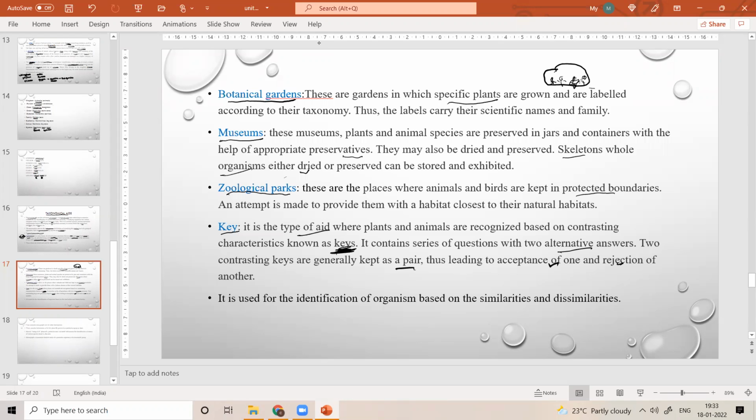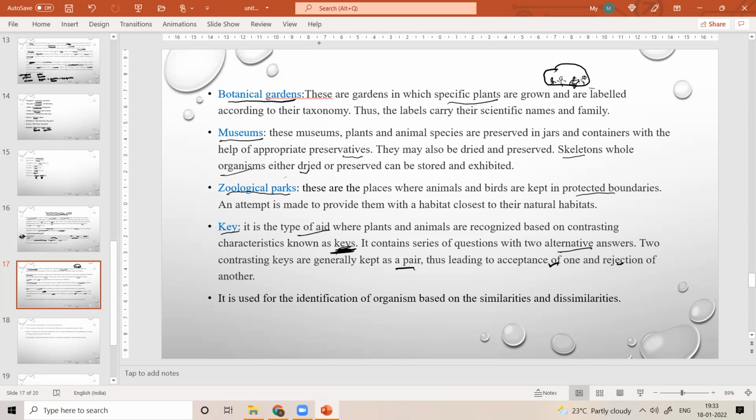While we classify organisms, we use these keys. These keys have contrasting characters. This is a type of taxonomic aid to study and classify organisms by using their contrasting characters known as keys. So these keys contain a series of questions. For example, presence or absence of green pigment. If present, that will be accepted as a plant. If it is absent, that will not be accepted as a plant.